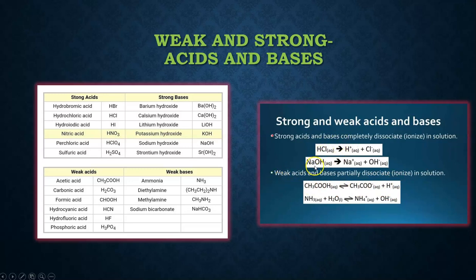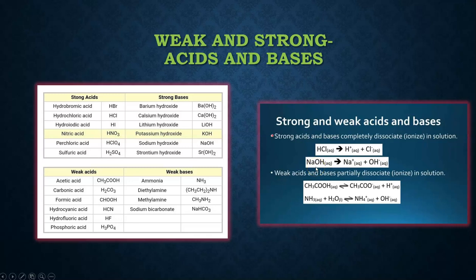In case of a base like NaOH, this completely dissociates into Na plus and OH minus. Because of this OH minus or hydroxyl ion, it is going to attract H plus ion and form a compound with it. That's why bases are called proton acceptors.